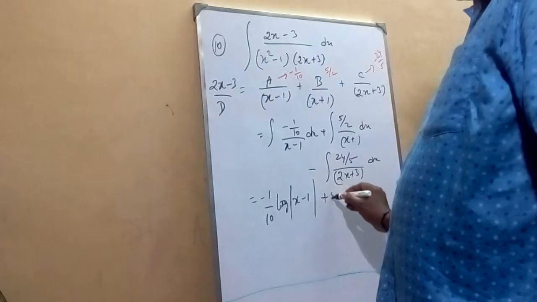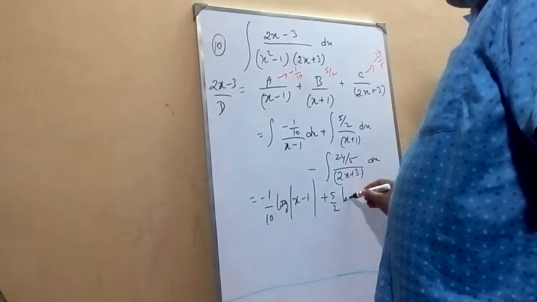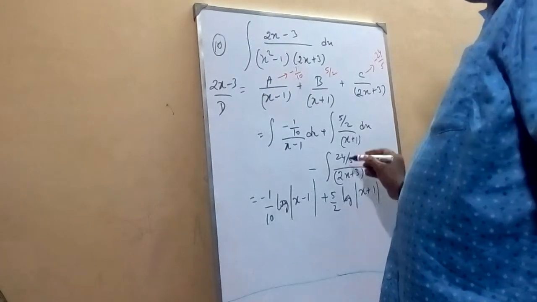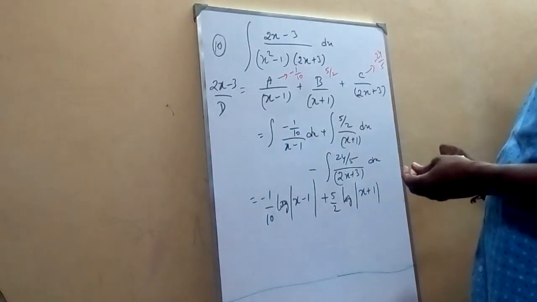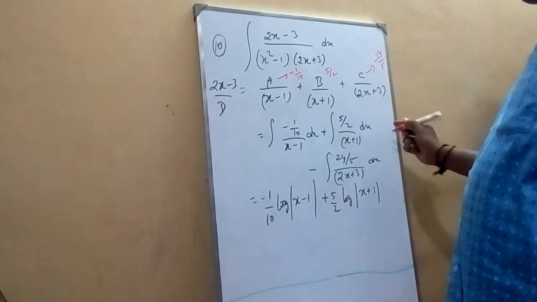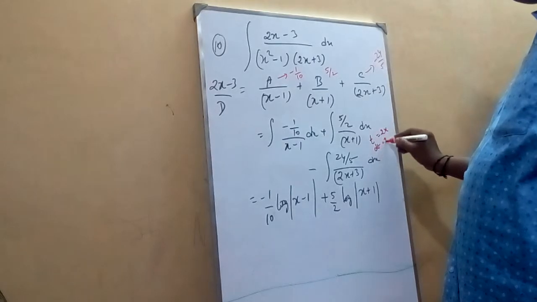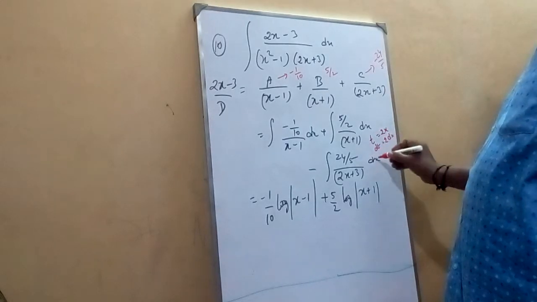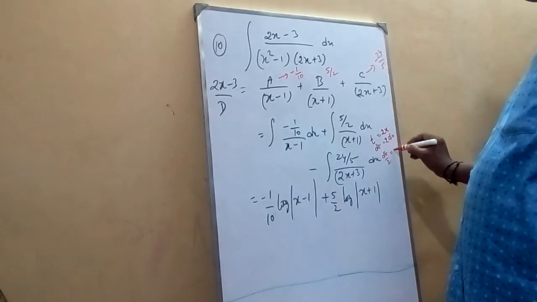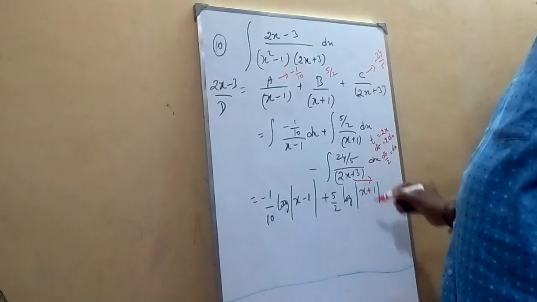Taking 5 by 2, it is log of (x plus 1). But here, if you differentiate 2x, what is the differentiation? If I take t equal to 2x, therefore dt equals 2 dx. I don't have 2 dx, so dt by 2 is equal to dx.